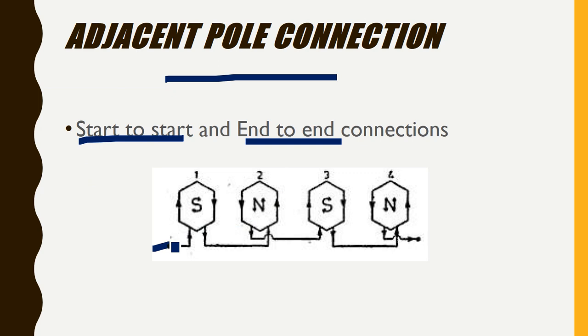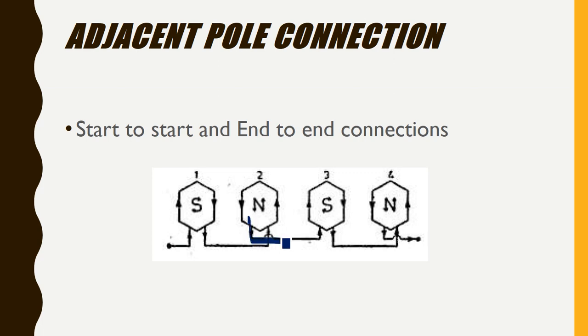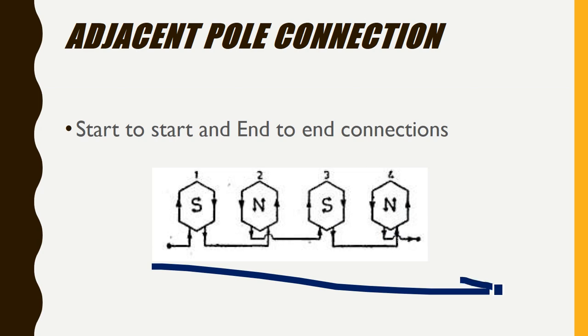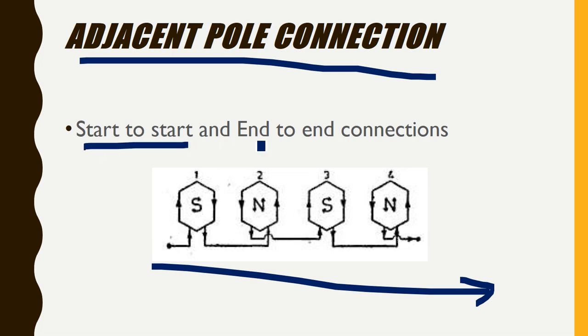How is it done? This is start and this is end. This end is connected to another end, and this start is connected to the start of the next, and this end to the end of the next group. This is going out. So this becomes one set of windings for pole connection. So adjacent pole connections are made as start to start and end to end connection.